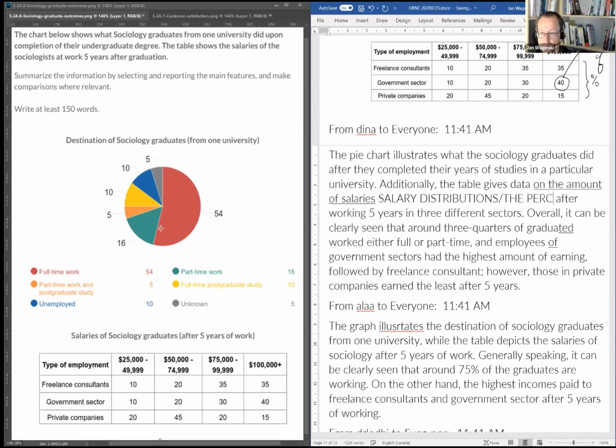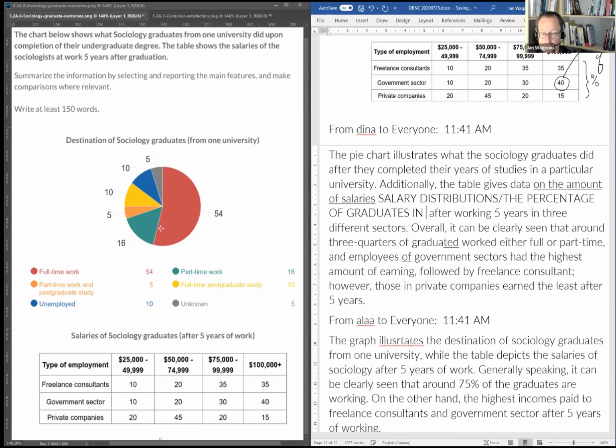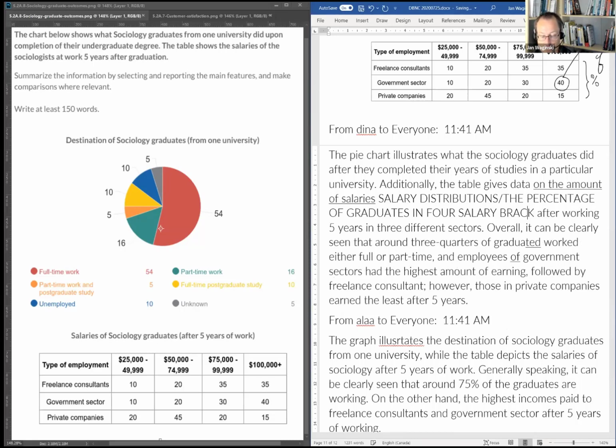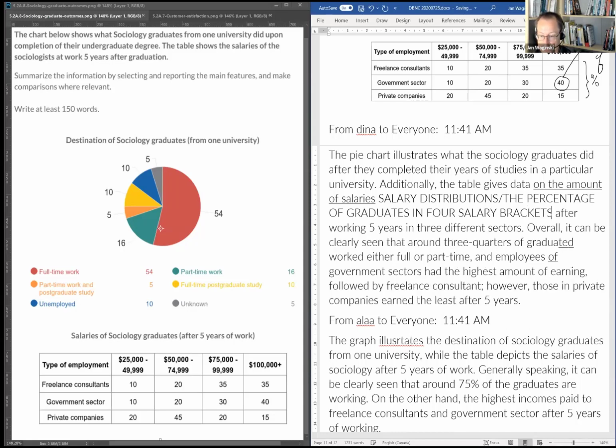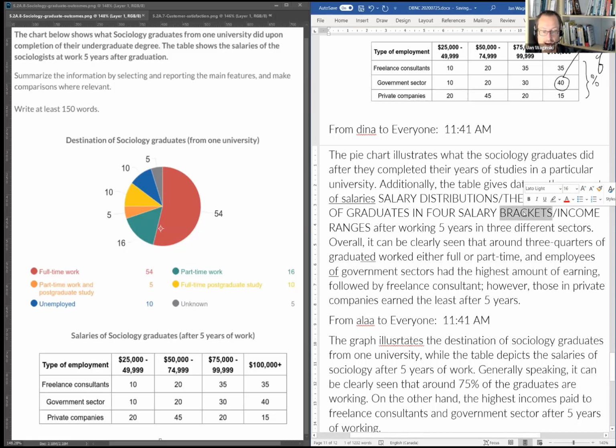The percentage of graduates for salary brackets. We can talk about income distributions, income ranges. This is good vocab. Salary brackets. People will often ask on a survey or when doing research, what is your income bracket? It means range.